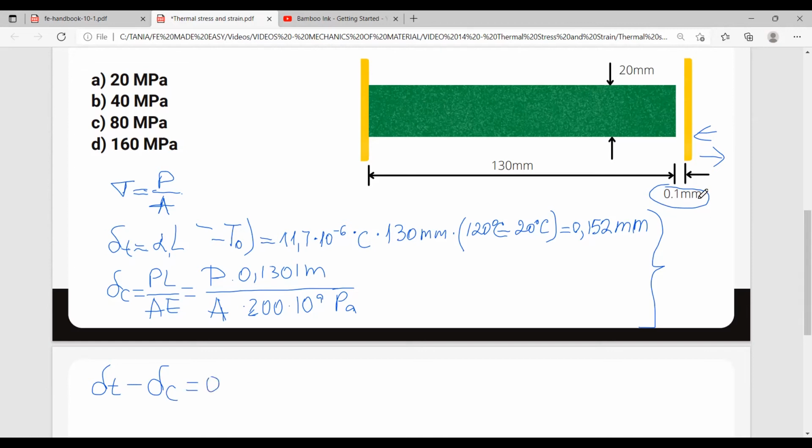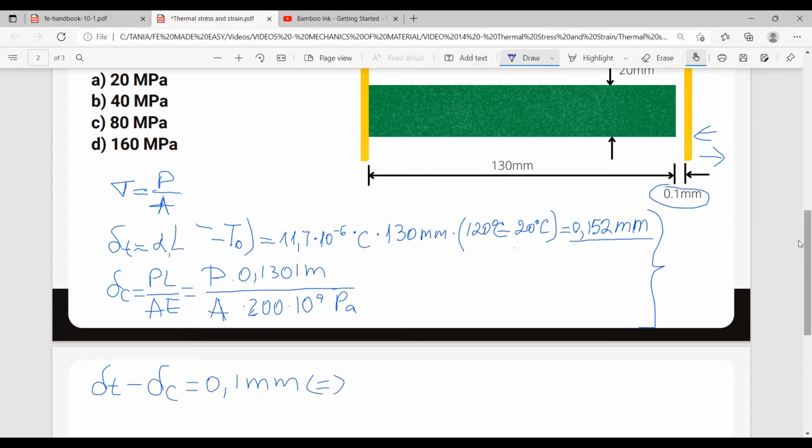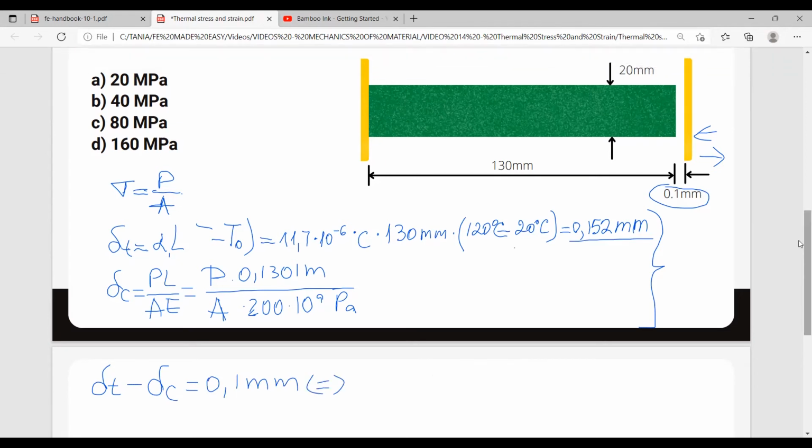So all this is equal to 0.1 millimeters. So we'll have the thermal deformation minus the compressive deformation equals 0.1 millimeters, which means the thermal deformation minus 0.1 millimeters equals the deformation due to compressive load.